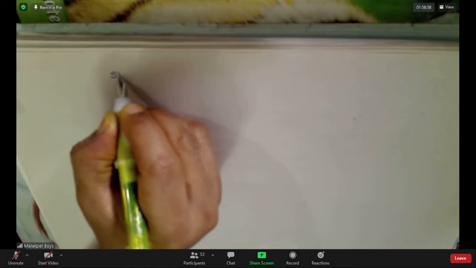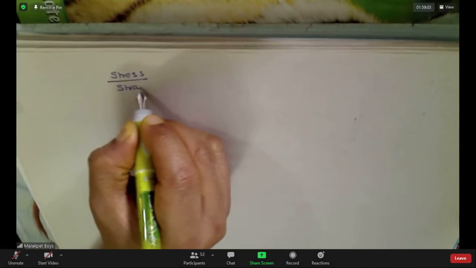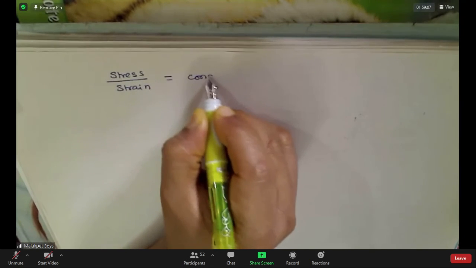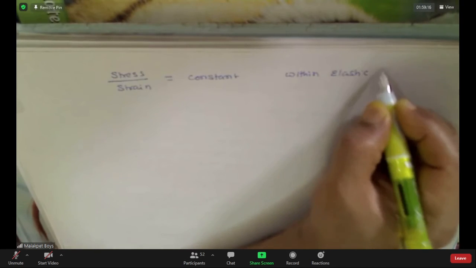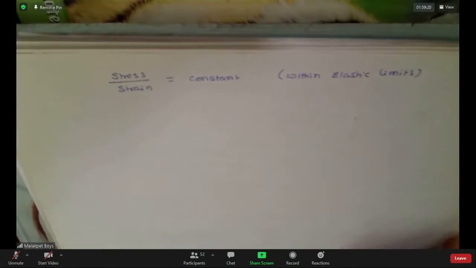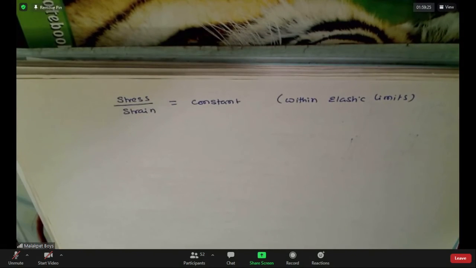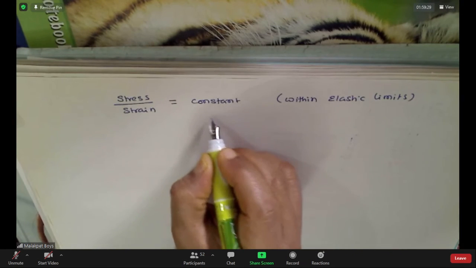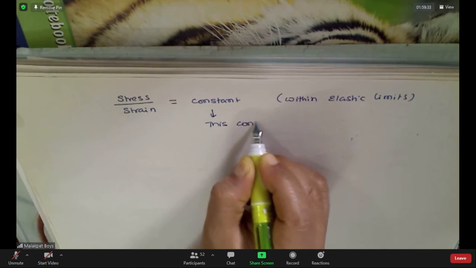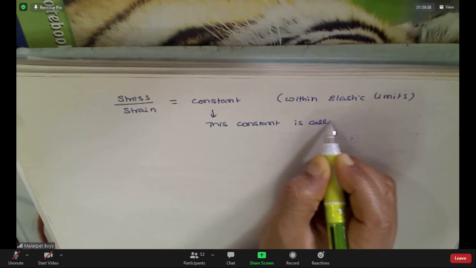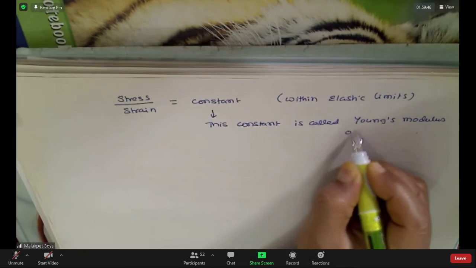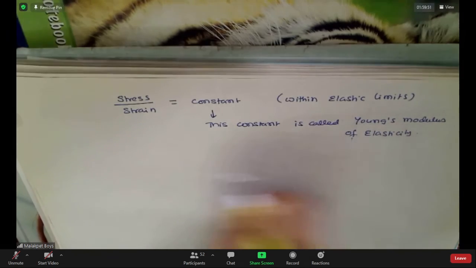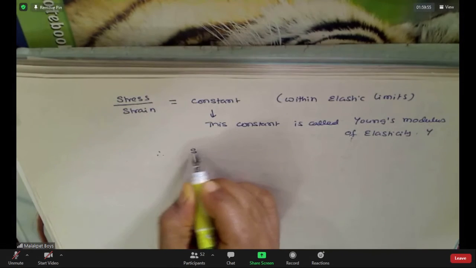See, for a given material, you find the stress value and strain value and divide. That remains a constant within elastic limits. That means the internal forces should not be exceeded, the wire should not break. We'll see that. Now this constant is called the modulus, Hooke's law.